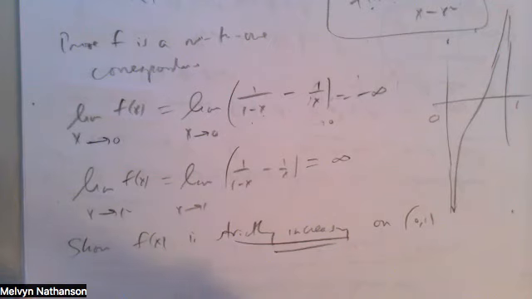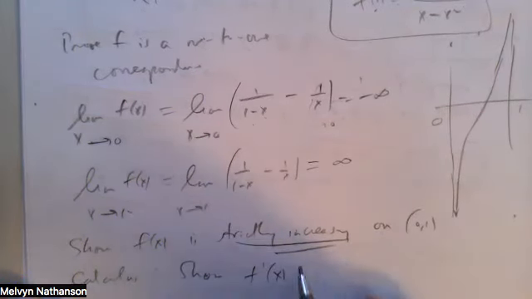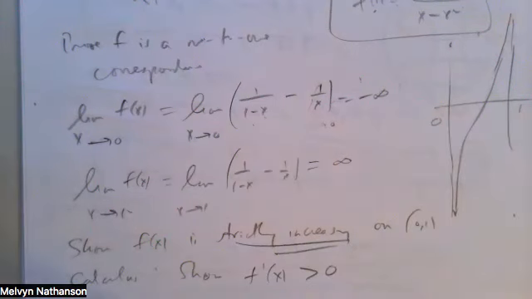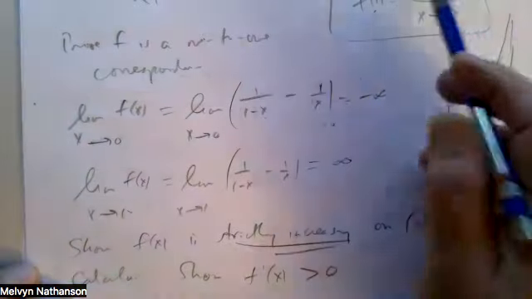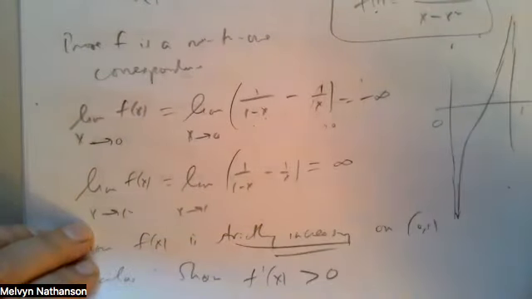So how do you show that a function is strictly increasing? One way is calculus. You want to show the derivative is positive, because they teach you in Calc 1 that a function is increasing if its derivative is positive. So you have to take this function and differentiate it and see whether it's positive.